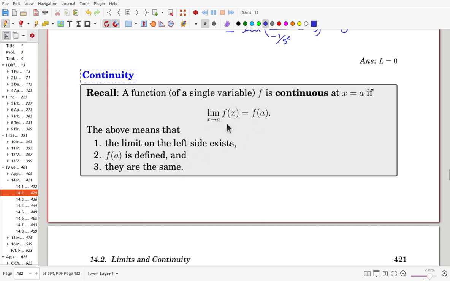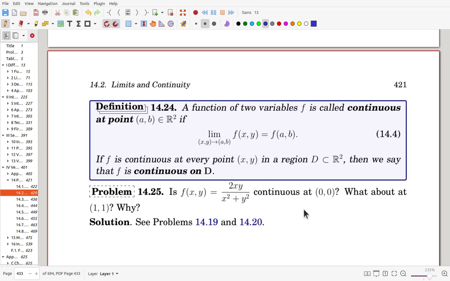The limit on the left side exists, the function is defined at a, and these two values are the same. Once at a point the given function satisfies that equation, then we say that the function is continuous. Once it is continuous, then it is connected. There's no hole on the graph.